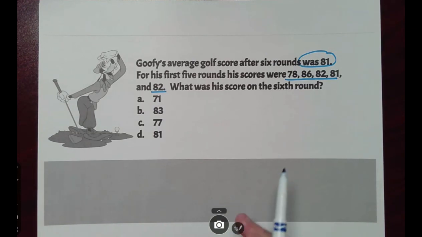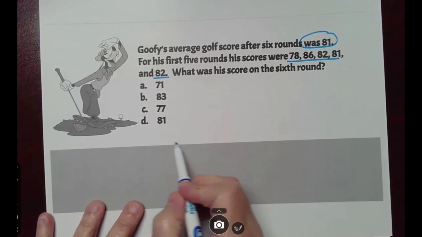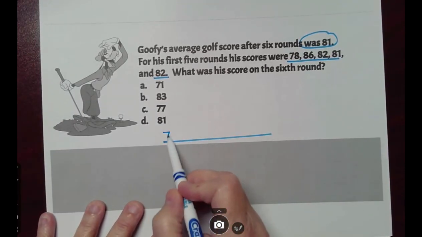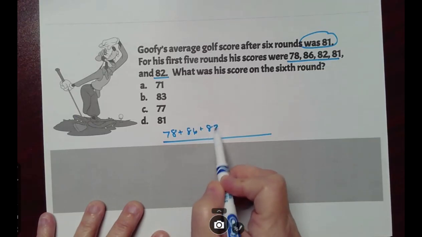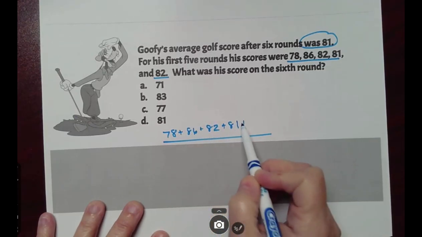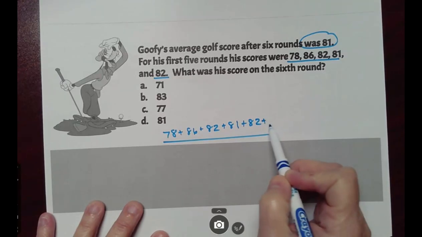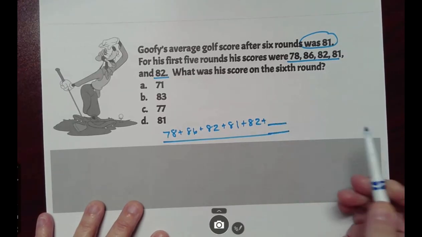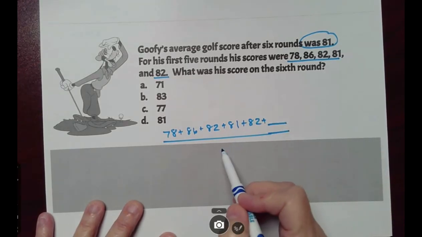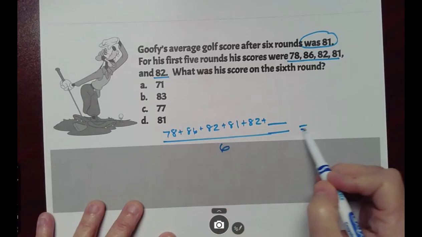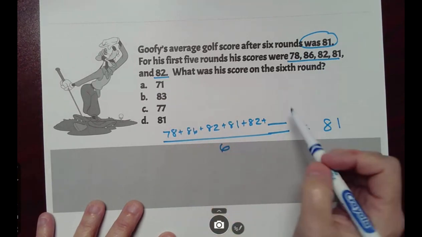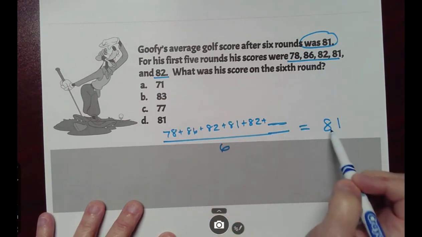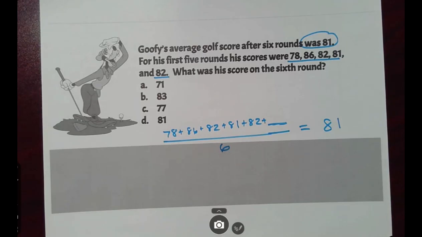So what this is saying is there are 6 scores: 78, 86, 82, 81, 82, and something, that when I divide that by 6, I will get an average of 81. So we want to take these 4 numbers and put them in this spot and see which one gives me an answer of 81.